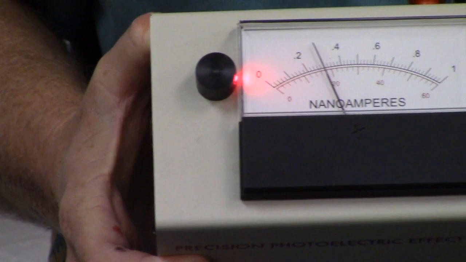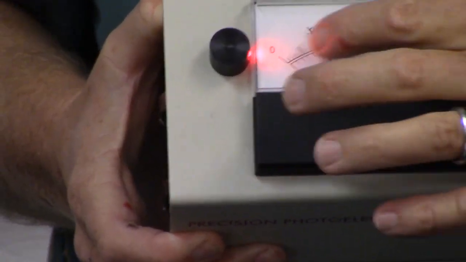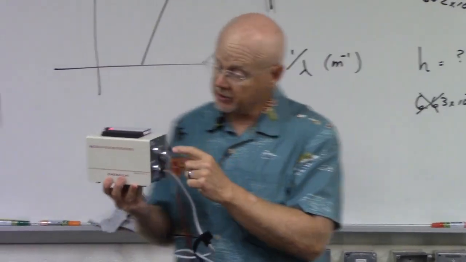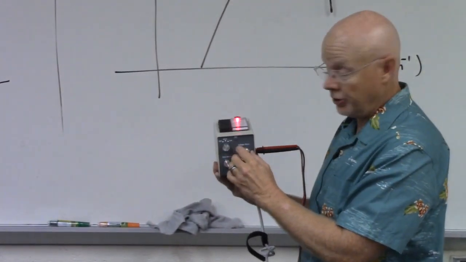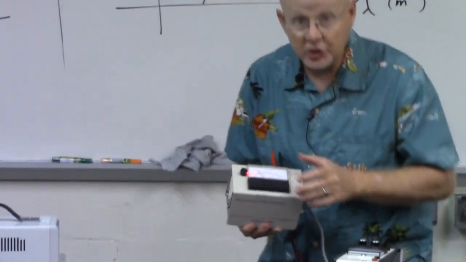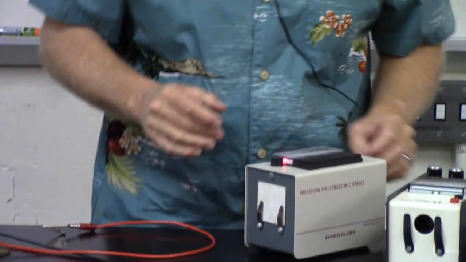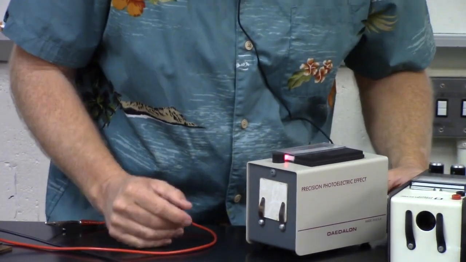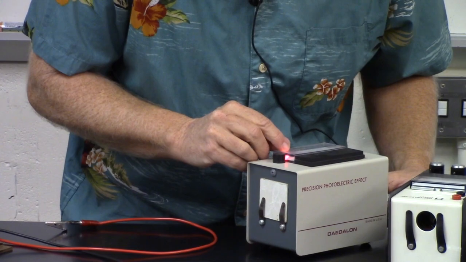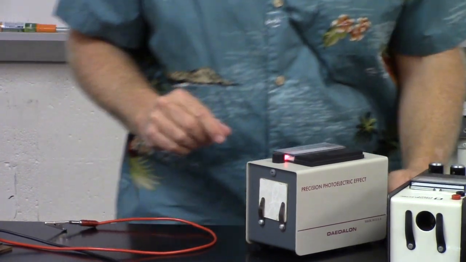So what I want to do is just adjust my counter. Right now I have no light coming in. That's why this cover is on here. I also have the stopping voltage turned all the way down. I want to adjust this while it's stationary, so I'm going to put it down now and adjust it until it says 0.